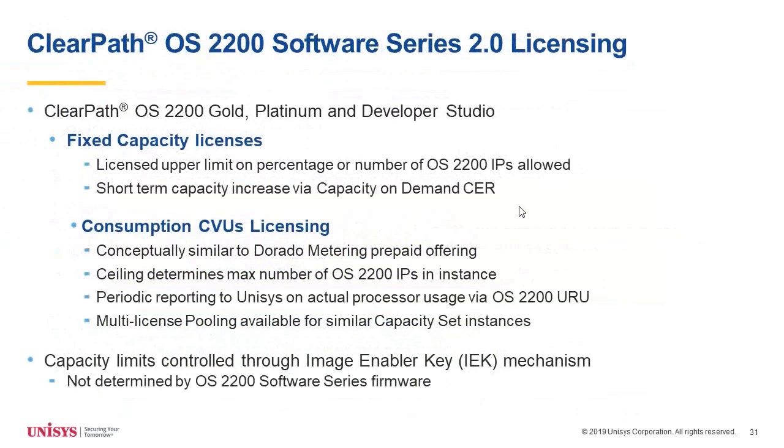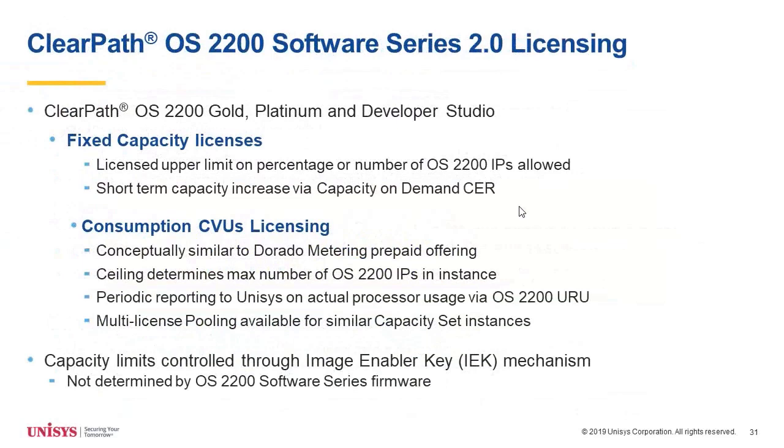Consumption, again, is available much like metering, where the actual number of IP utilization is counted every month, and there is even a pooling mechanism similar to what we have with metering. So for multiple OS 2200 software series instances, you can set up a CVU pool for your workloads.